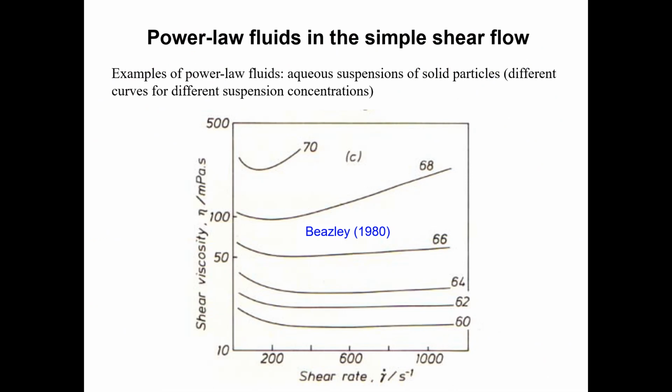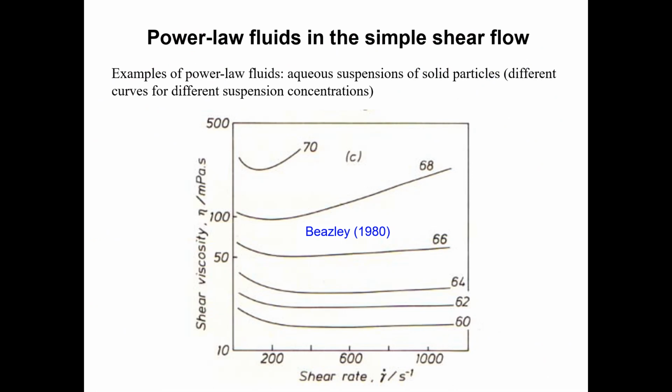This is actually measuring viscosity. It's nearly constant, especially for high shear rates for the concentration of 60, but it changes with shear rate, the effective viscosity for higher. Okay, so it increases. So this would be a shear thickening.